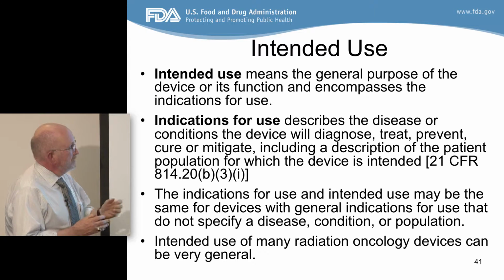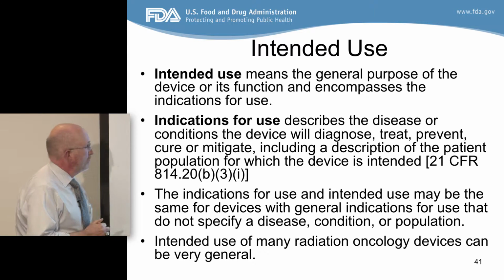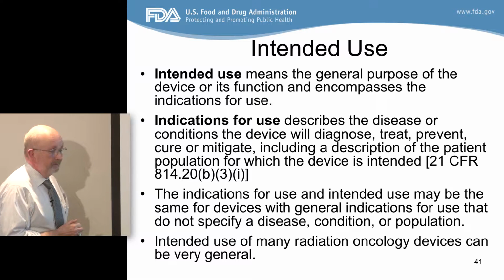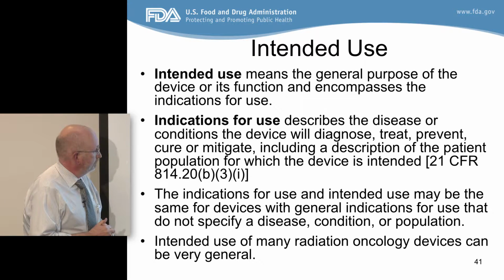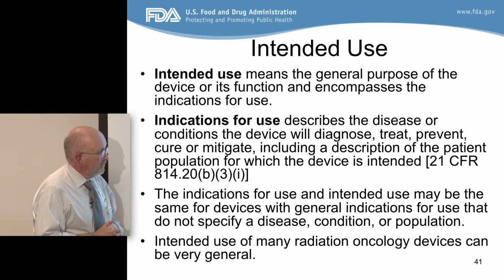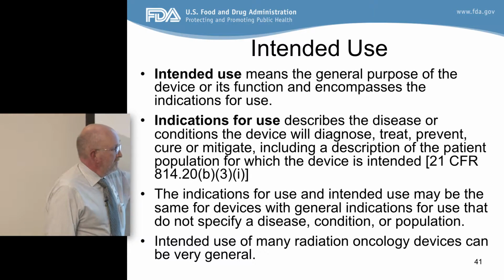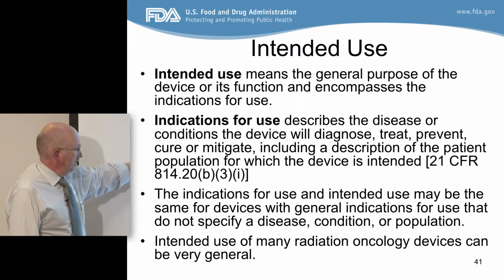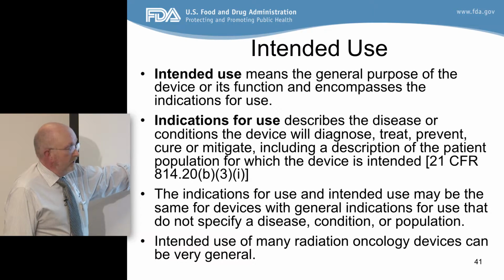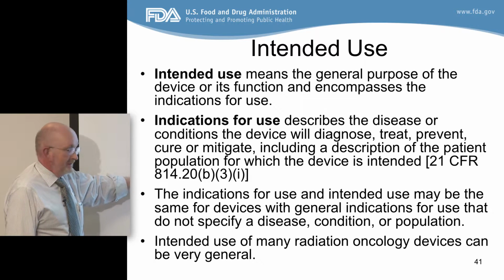So the intended use, again, means the general purpose of the device or its function, and encompasses the indications for use. The indication for use describes the disease or conditions the device will diagnose, treat, prevent, cure, or mitigate, including a description of the patient population for which the device is intended.